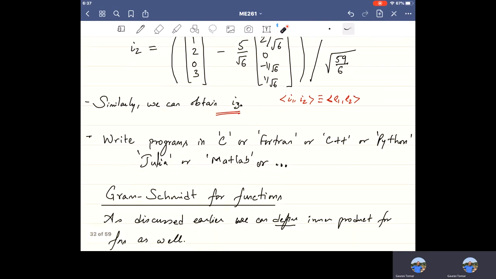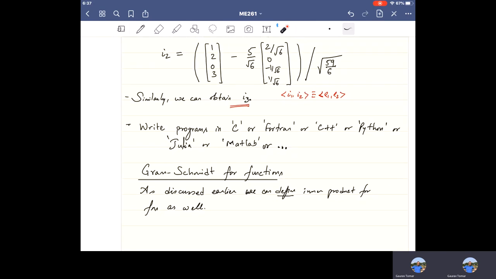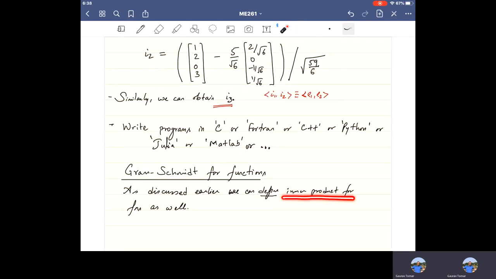Now, can we have a similar process for functions? Can we have this kind of orthogonalization process for functions, right? So we'll take up an example and try to do that. As we have discussed earlier, we can define inner product spaces for functions as well, right? And that is essentially an infinite dimensional inner product space.